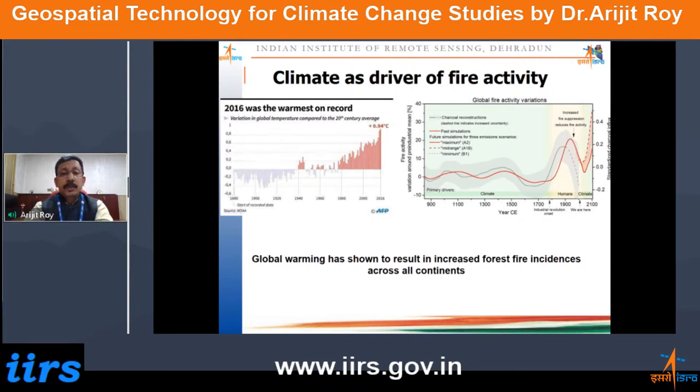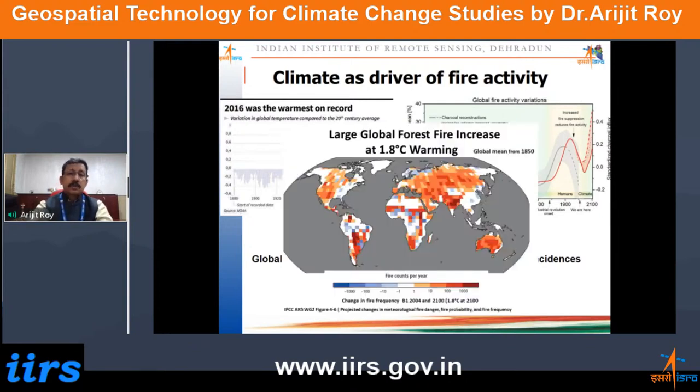It is observed that because of the warming and drying of global ecosystems due to climate change, fire activities across the various ecosystems have increased over the last few decades. And this global warming is going to result in increased fire activities in the future.